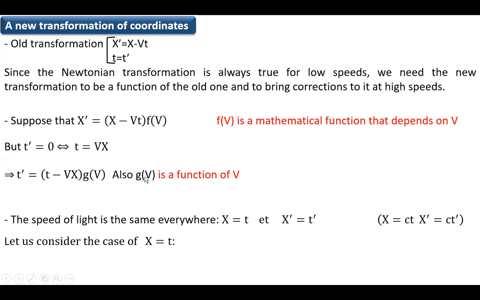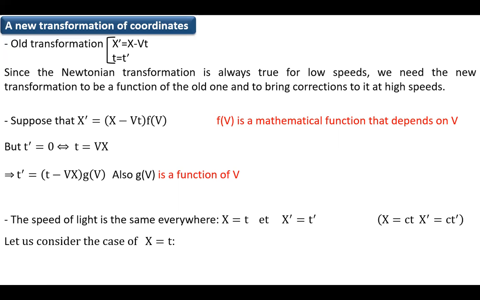G of v is also a function of v, since our variation is related to the speed v. So t prime, in this case, is not equal to t as in a Newtonian transformation. T prime is equal to t minus vx multiplied by a certain function g of v. You can see t prime is not exactly equal to t. This is the beginning of our new transformation.